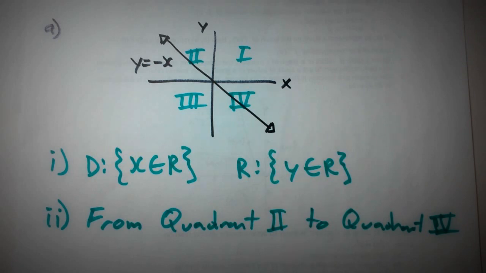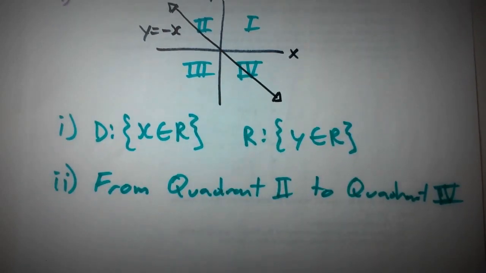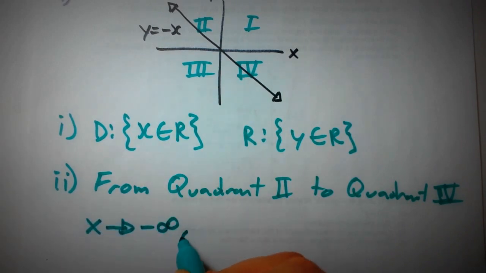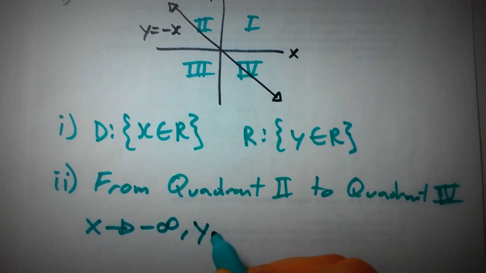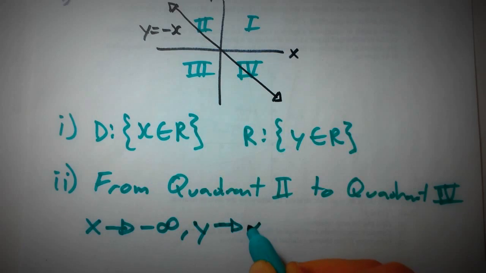And we can also say, if we use the notation of x approaching infinity, that as x approaches negative infinity, y approaches positive infinity.